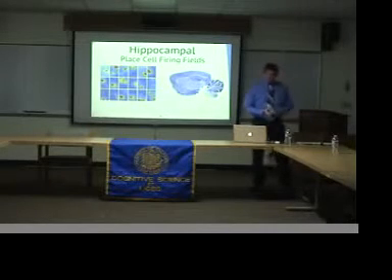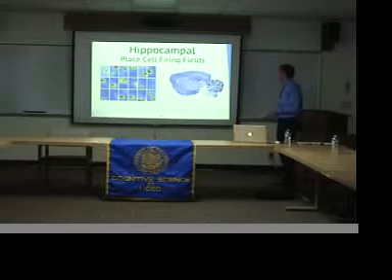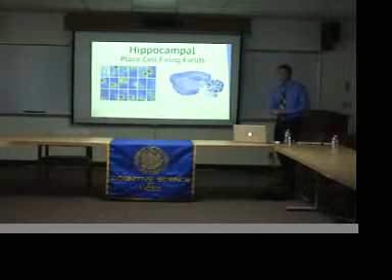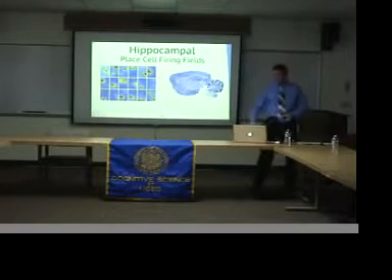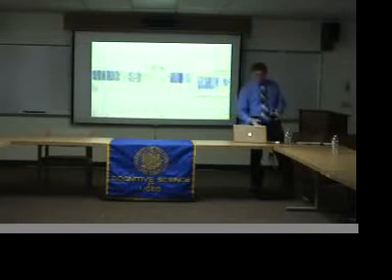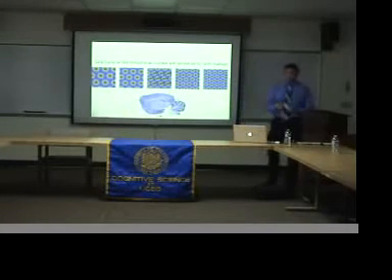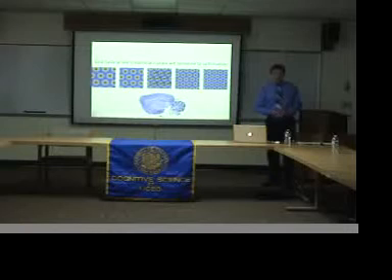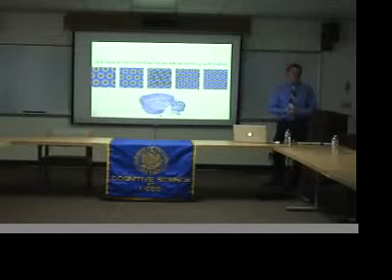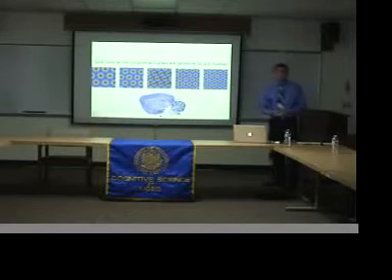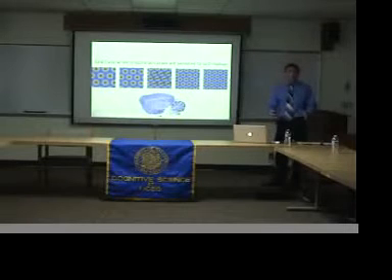It was not explained how these cells operate or how they create this allocentric reference frame until about 2006, when there was a discovery of grid cells. Grid cells also map an allocentric reference frame of space, just like the hippocampal place cells. However, they're a little bit different.